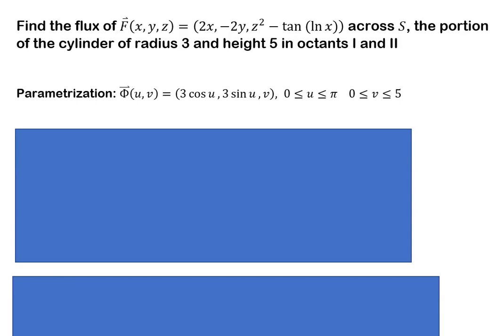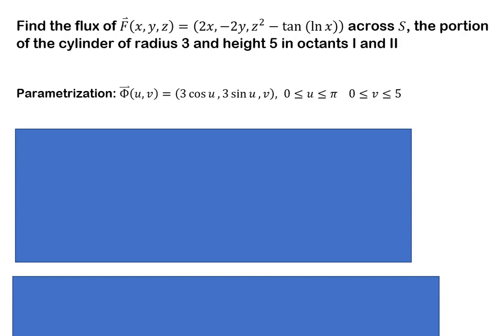V is what controls our height. So we said that our cylinder has height 5, so v is going to go from 0 to 5. Now u controls how far we go around in a circle, specifically in our circle that has radius 3.